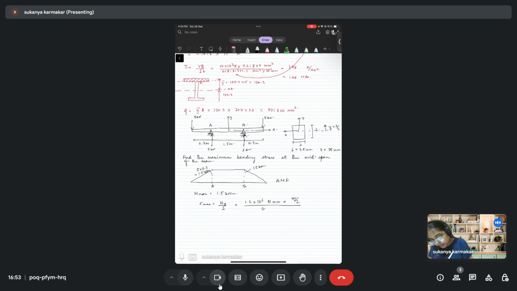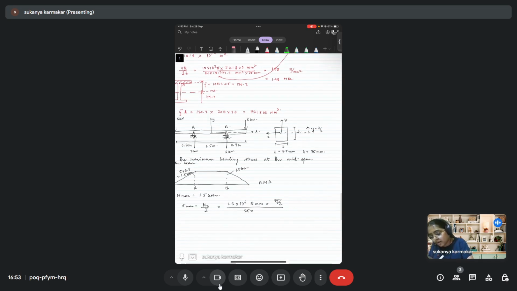B is 25. It is bh cubed by 12 because you are taking Iz, where the moment is being applied about the z axis. Here there is a cube on the number 75, and 75 is the height of the section because the moment is about the axis z, and the axis z is cutting that side.